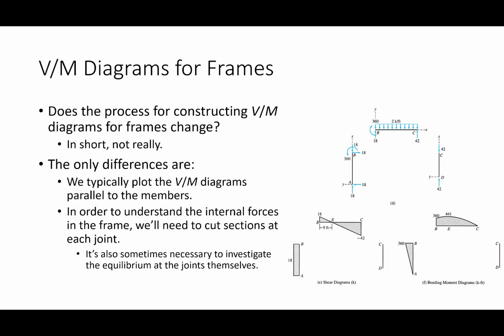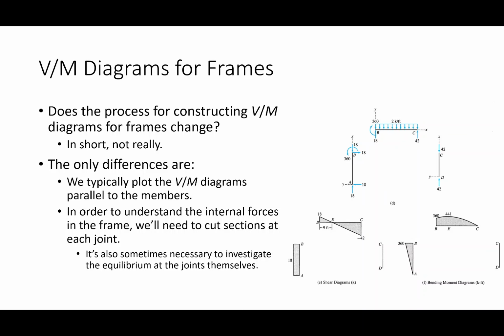For example, if I'm looking at member AB, this column member in this frame, instead of drawing the shear and moment diagram left to right, I'll draw it bottom upwards, if that makes any sense. This is definitely a little bit more graphical than maybe even for beams because you're literally following the direction of the arrows.